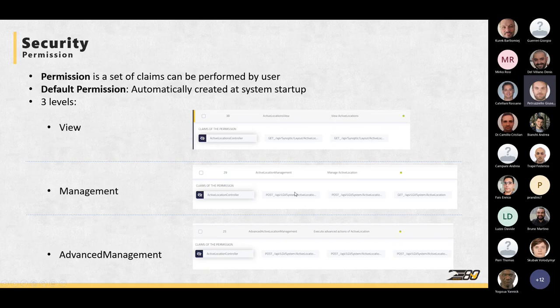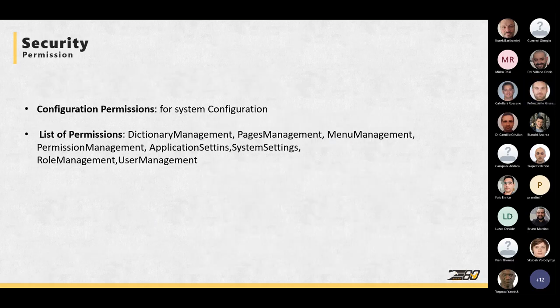We have the management group, typically related to actions that it's possible to perform on a resource, and another level that we consider advanced management, which also covers actions that it's possible to perform on some resource, but that we want to protect more than the management actions, for example actions that we want to make possible only for an administrator user or role to perform.